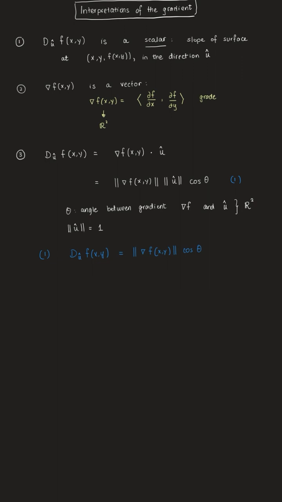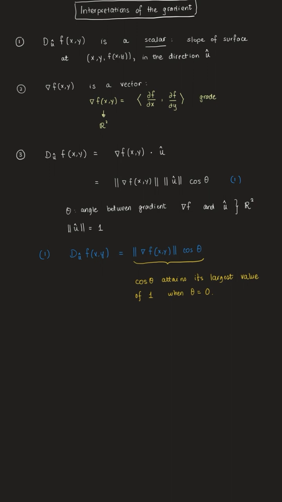Okay, well, what does this tell us? Let's think about this a bit. Let's work on cosine theta. We know that cosine theta attains its largest value of 1 when theta is 0.